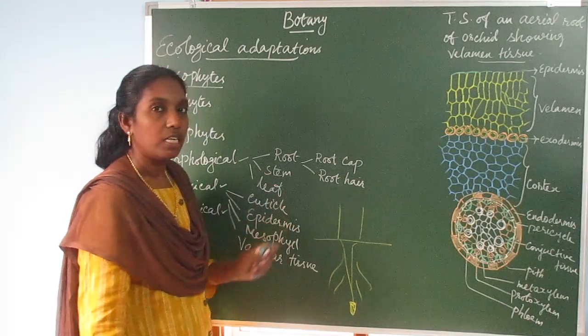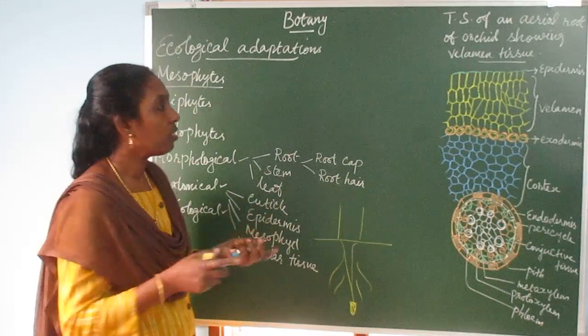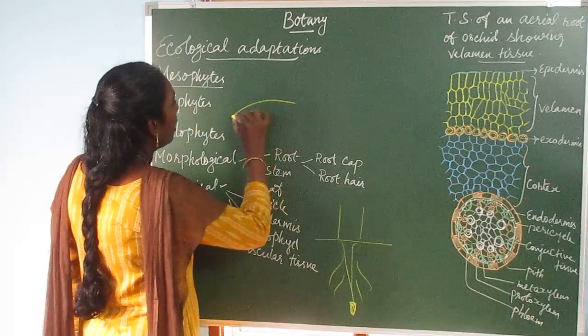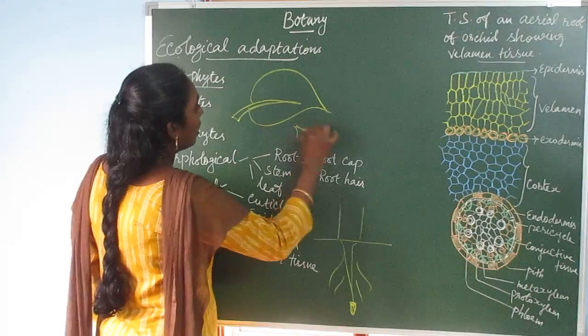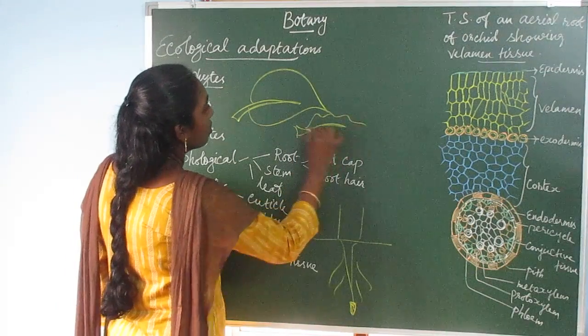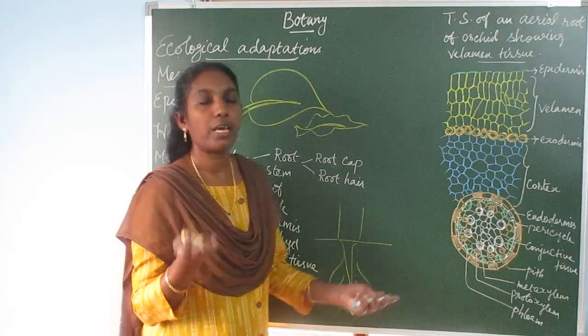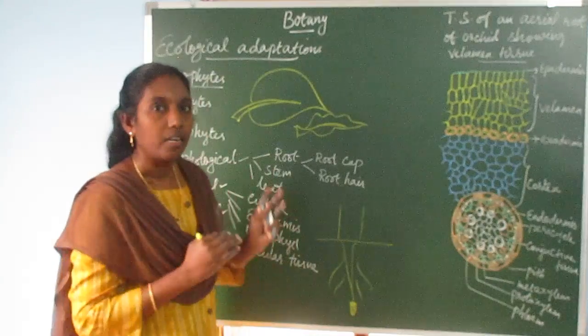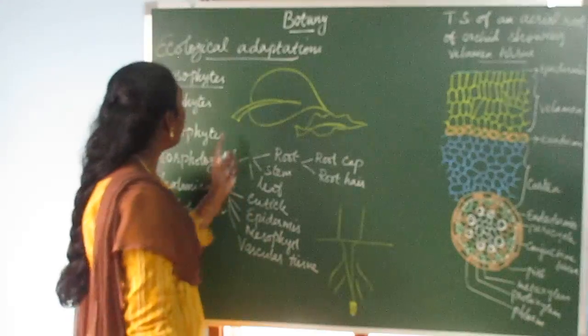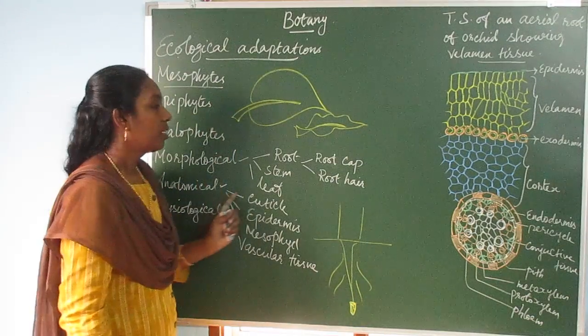Then what about the leaf? You know, there are different shapes of leaf in the mesophytic plants. This is one shape and this is another shape. Various shapes, broad and long leaves are present in mesophytes.